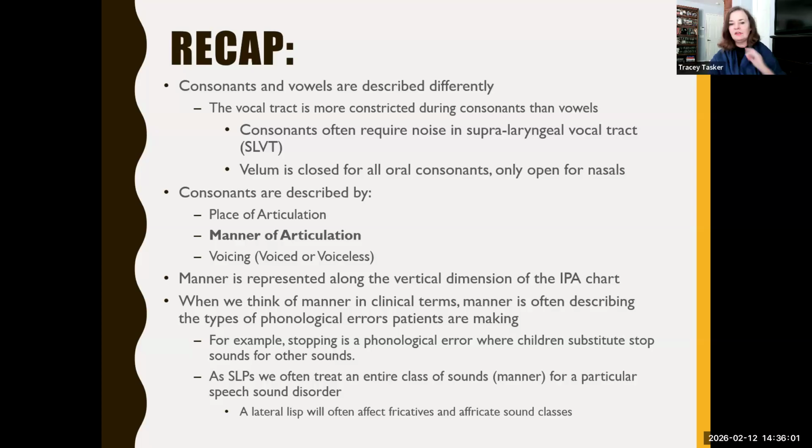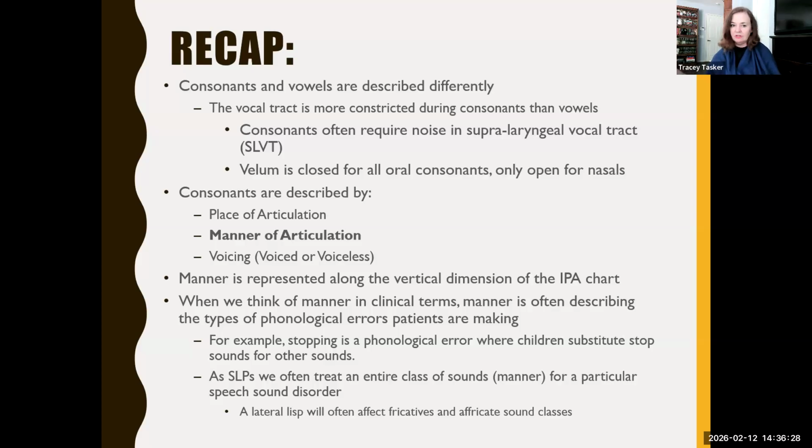And when we think of this as future speech therapists, manner is often describing the types of phonological errors that children are making. So, for example, stopping is a phonological error, and that's when children substitute a stop for other sounds. So we talked about this a little bit in the last lecture as well, because when we're talking about the IPA consonant chart, it's not two separate charts.